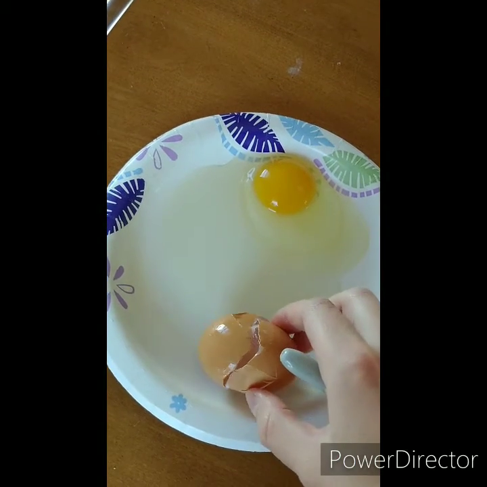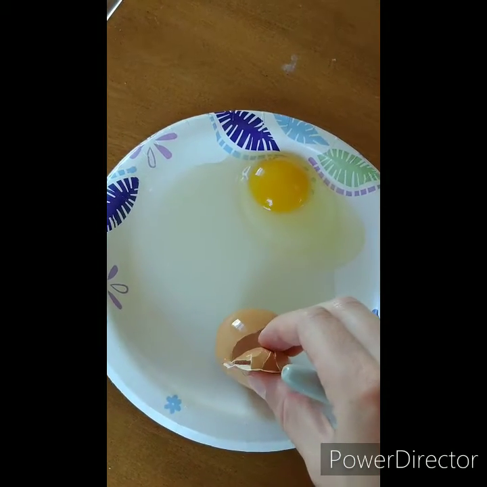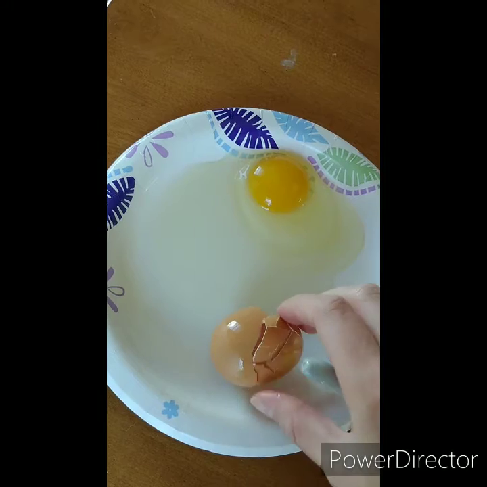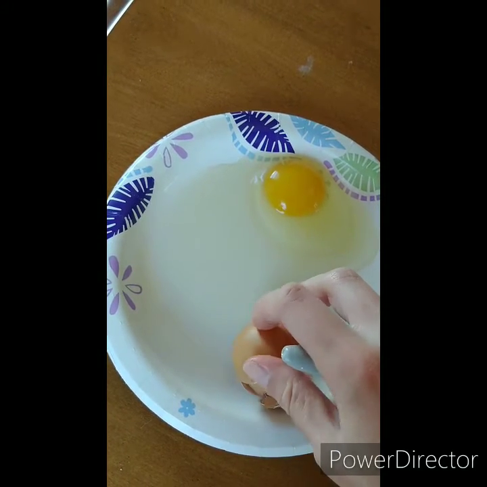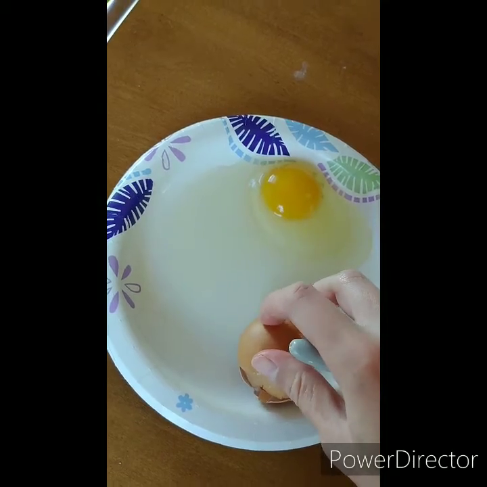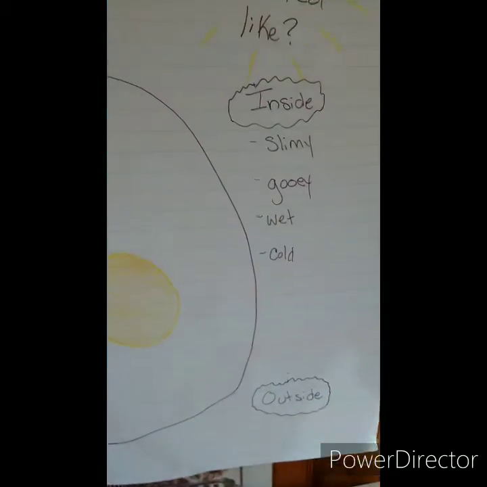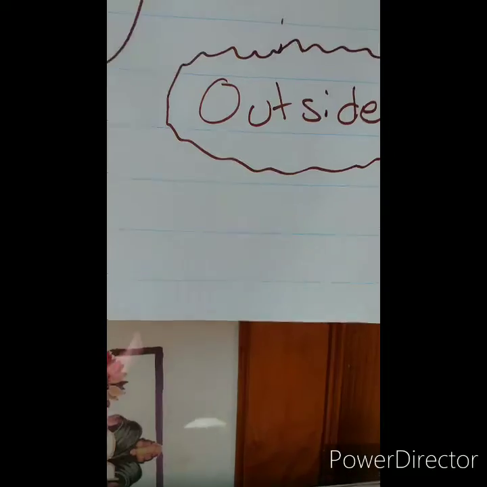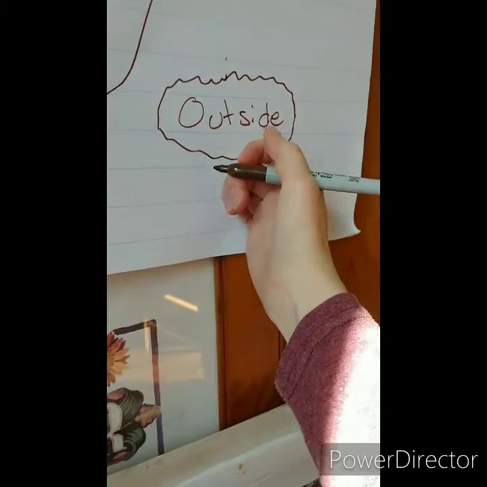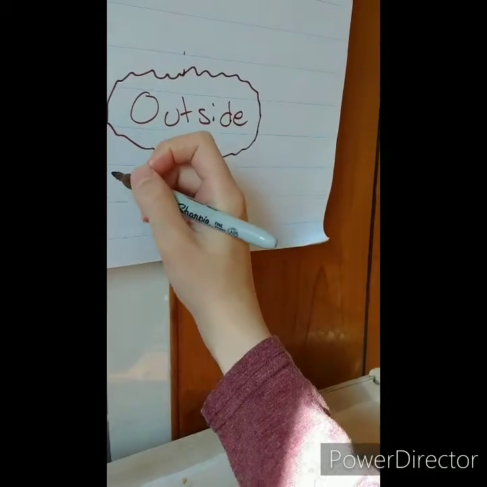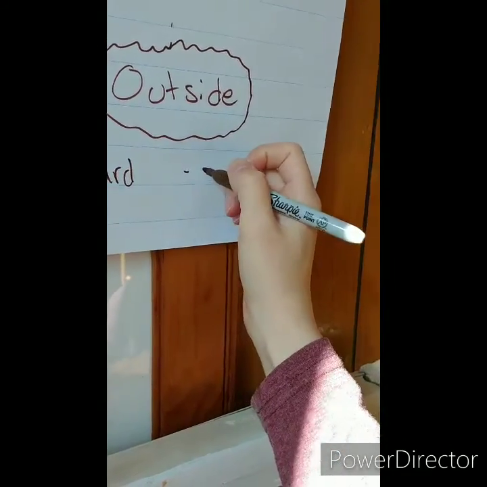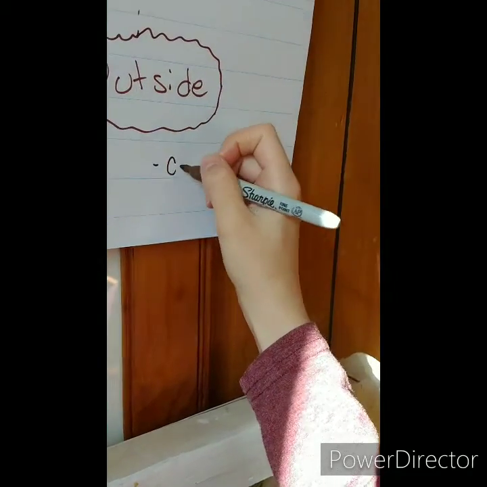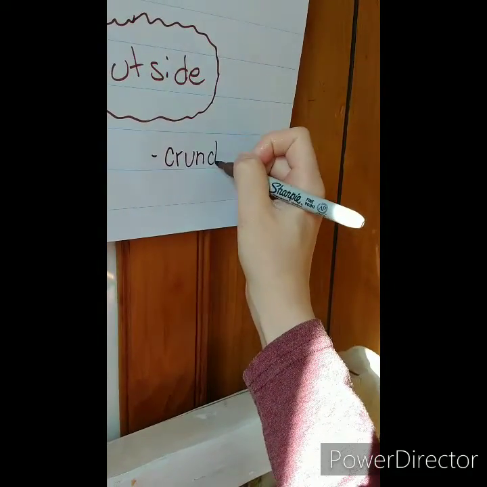And then we're going to look at this cracked shell. Do you hear that? It sounds crunchy. And you know what else it feels? It feels kind of smooth. So I'm going to use those words to describe the outside of it. So remember, I used the word hard because the outside of it is hard. And then I used the word crunchy.